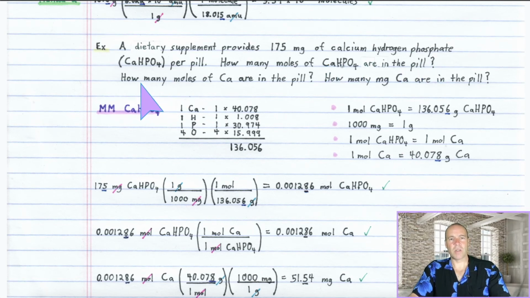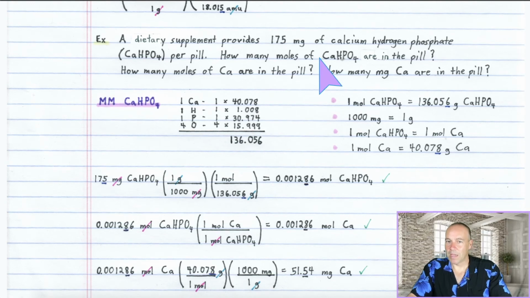The next question asks how many moles of calcium are in the pill. Now we've already figured out how many moles of this formula unit are in the pill, and it should be pretty easy now to figure out, using that, how many moles of calcium are in the pill. Now each formula unit contains 1 calcium.